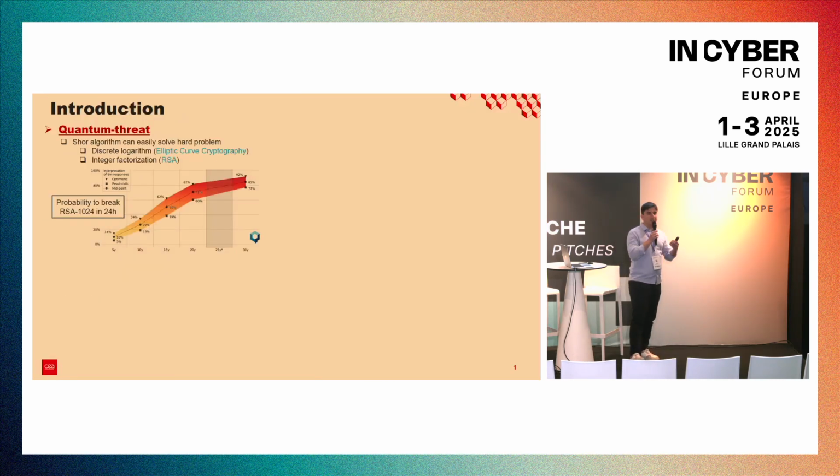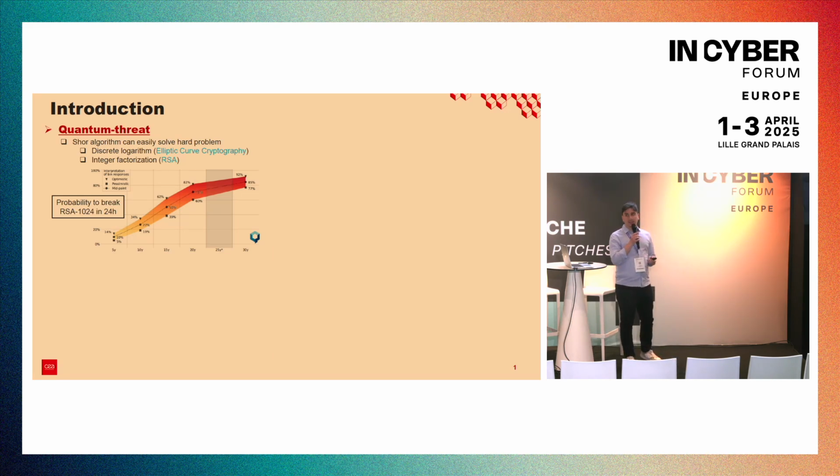Just to give a little bit of introduction, nowadays one of the major problems in cybersecurity is the quantum threat, meaning that in the future there will be the possibility to have a powerful quantum computer able to completely break algorithms such as RSA and the ones based on the elliptic curve that we use nowadays to protect our data.